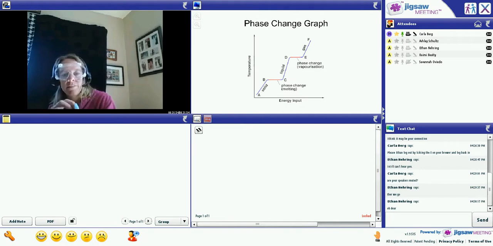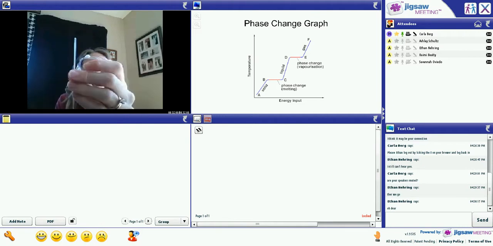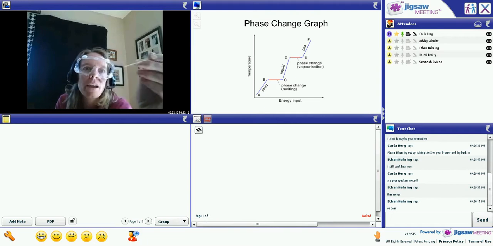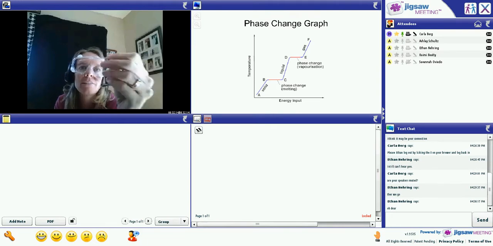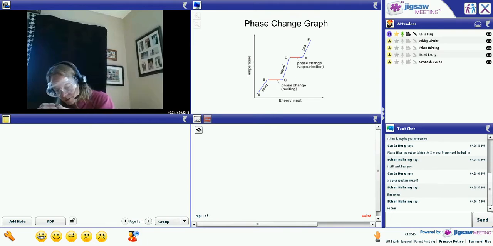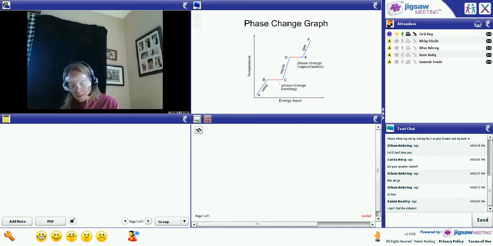They are very, very fine. If you bang them too hard, you will break them. They look like very small test tubes. One end has an opening, the other end does not. You are going to scoop a small amount of cetyl alcohol into the capillary tube.